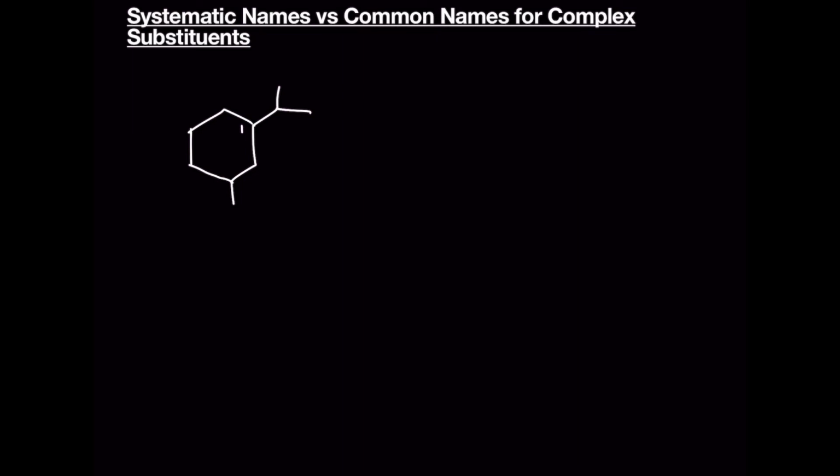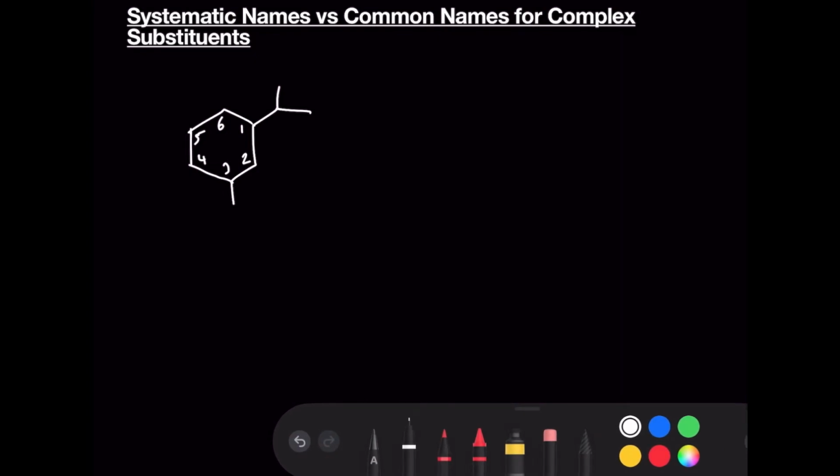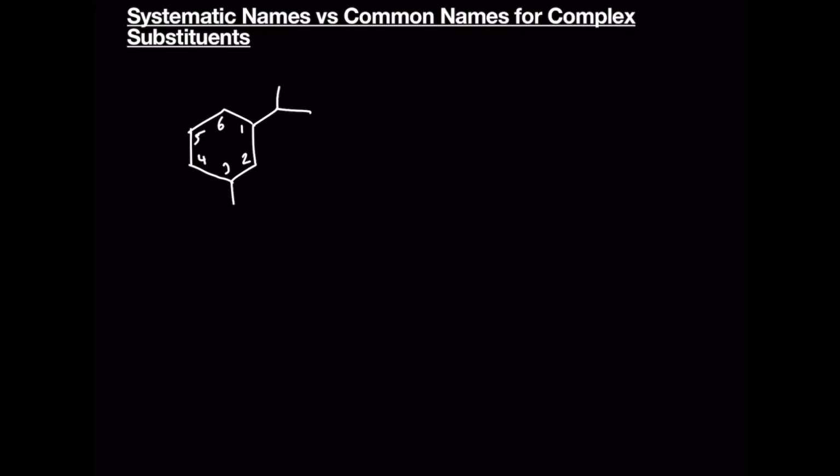So, 1, 2, 3. Our parent chain here is obviously cyclohexane, but is the numbering scheme that we wrote correct? Yes, it is correct, because between isopropyl and methyl, isopropyl comes first in terms of alphabetical order. We need to give preference to that, because even if you go the other way around, you will still get 1, 2, 3.